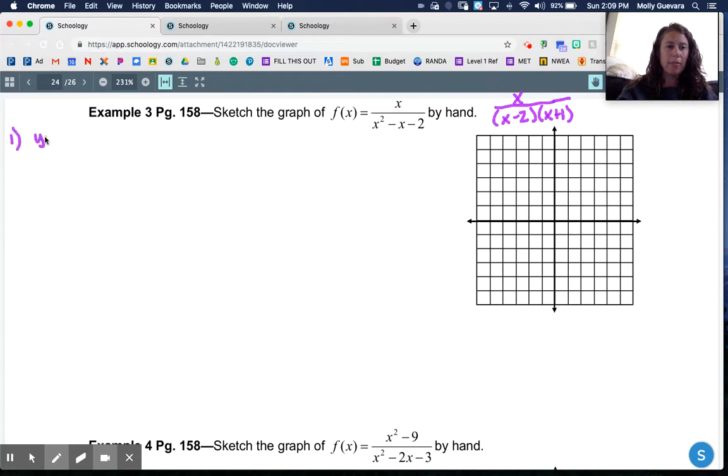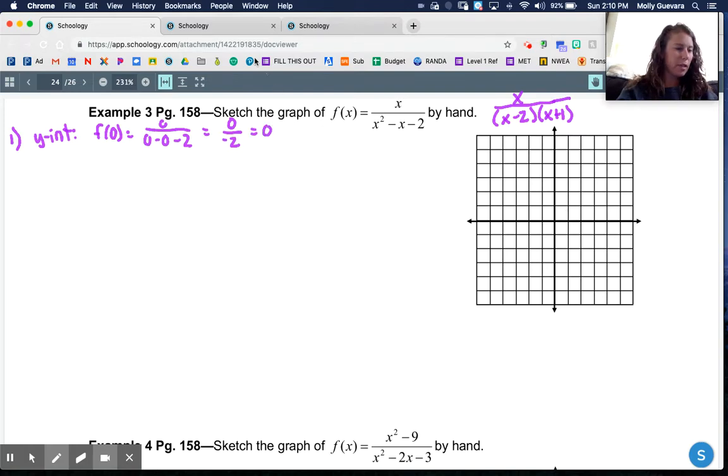Okay. So the first step is to find the y-intercept. So I'm gonna plug in 0. So f of 0 over 0 minus 2, which is 0 over -2, which is just 0.